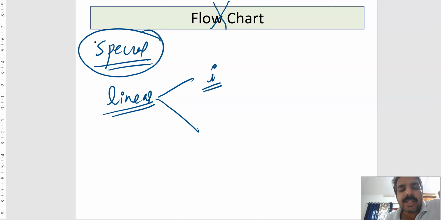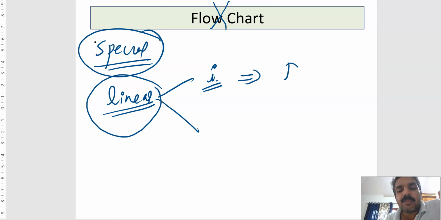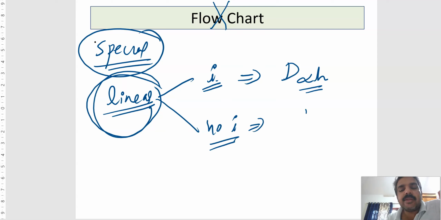If a center of symmetry i is present, then the point group will be D infinity h. If the molecule is linear but has no center of symmetry, no i, then the point group will be C infinity v.